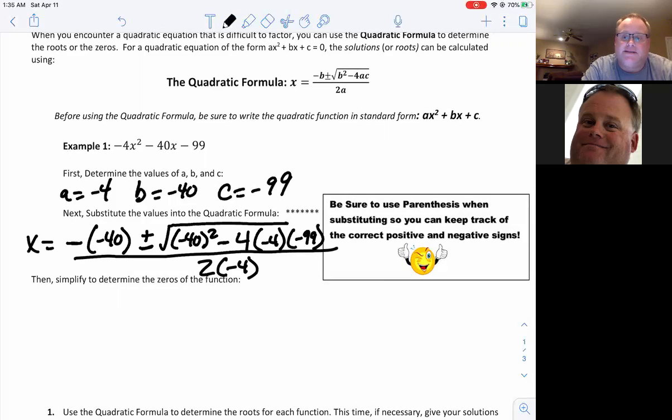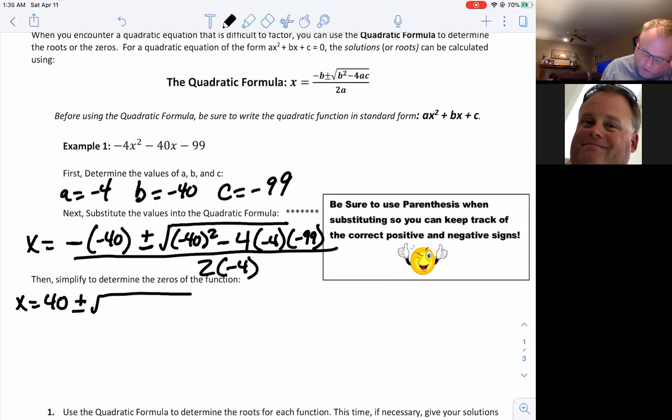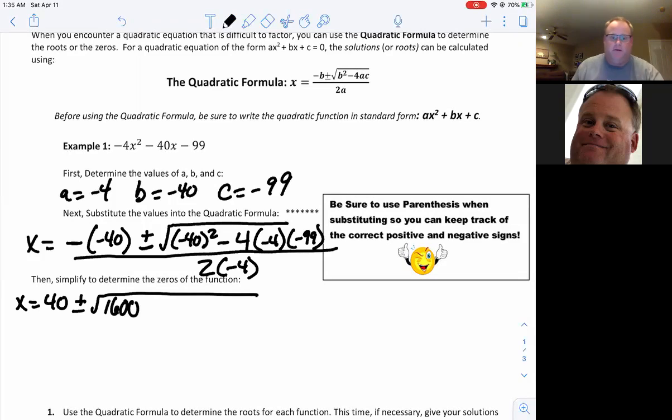Now let's simplify this to determine the zeros of the function. A negative and a negative become a positive, so x equals 40 plus or minus the square root of negative 40 squared. Negative 40 times negative 40 is a positive 1600. You're going to need your calculators today, so I've got mine right here.